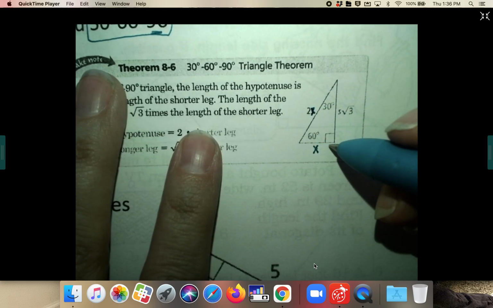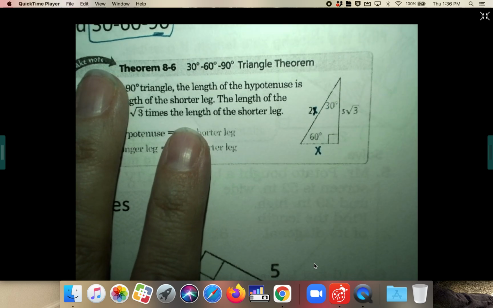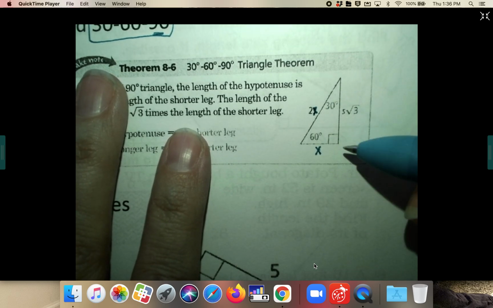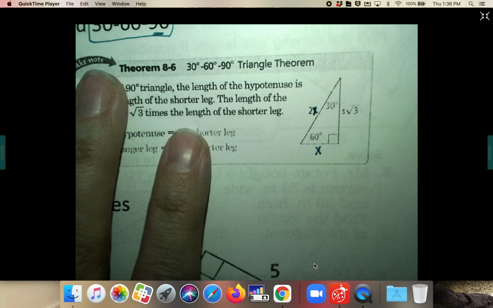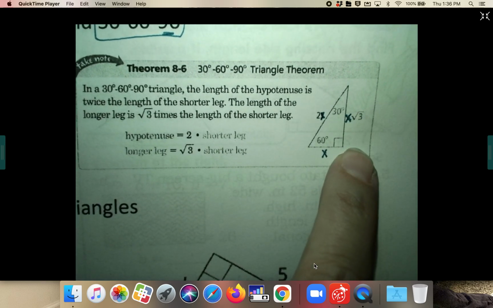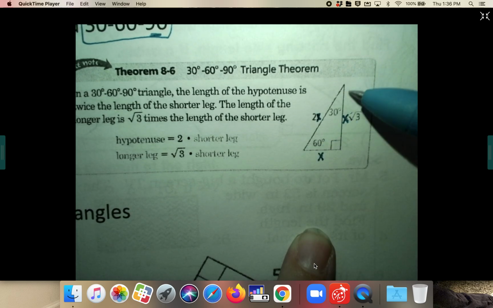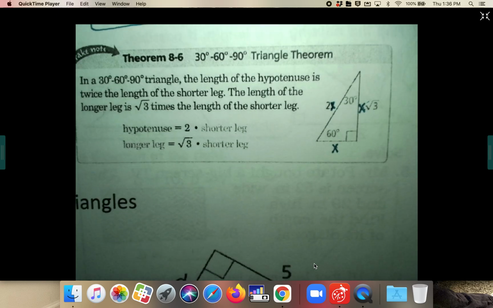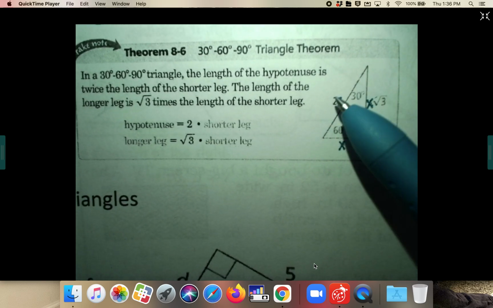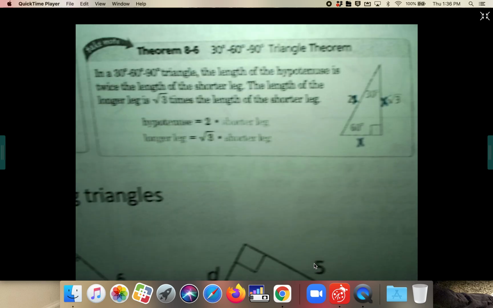So whatever the short length is, the hypotenuse is double that. And whatever the long leg is, it's x times the square root of 3. So x root 3. So in a 30, 60, 90 triangle, the side lengths are x, x root 3, and the hypotenuse is 2x.